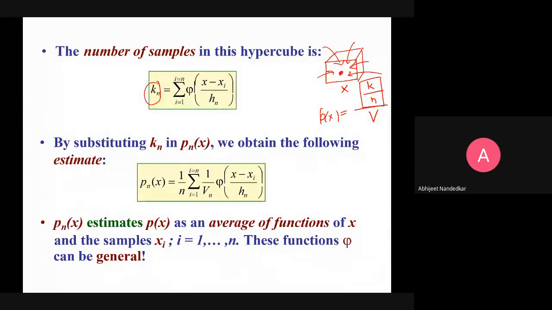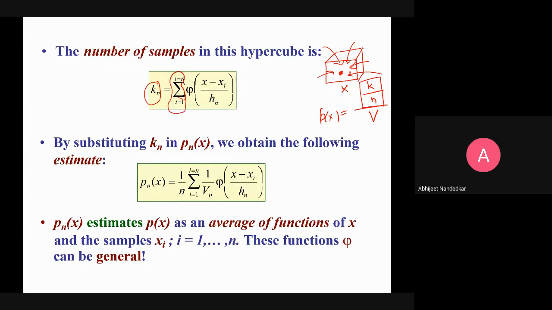Now to count or find out how many of the n given samples fall in this box, we run this function over all the samples which are available to us, which I can call training samples. I'm just doing the counting, so I will be using this summation here.